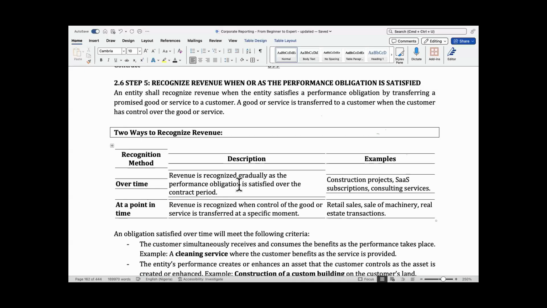So we need to look at how the performance obligation is satisfied. If it is satisfied over time, you recognize revenue gradually as you satisfy that obligation. If it is at a point in time, you do the same thing.